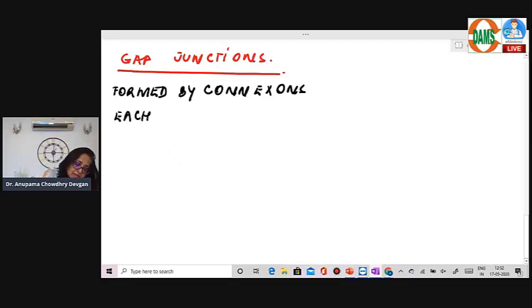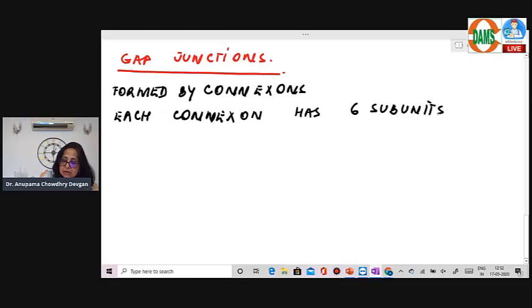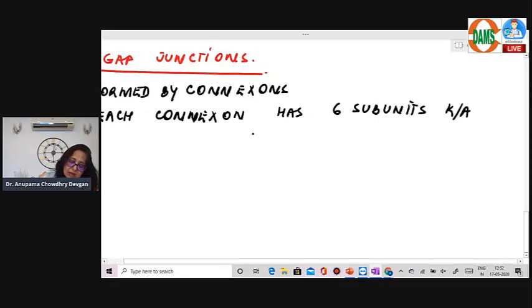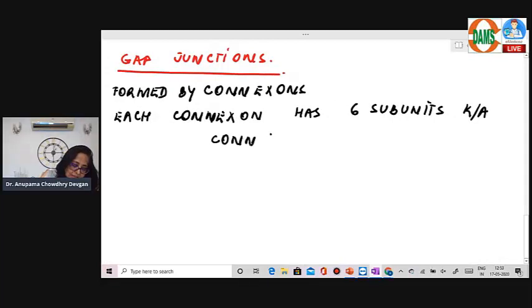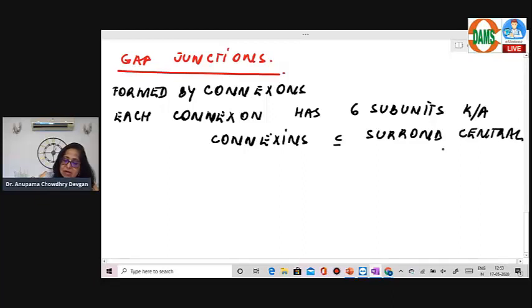Each connexon has 6 subunits, which are known as connexins, which surround a central pore.